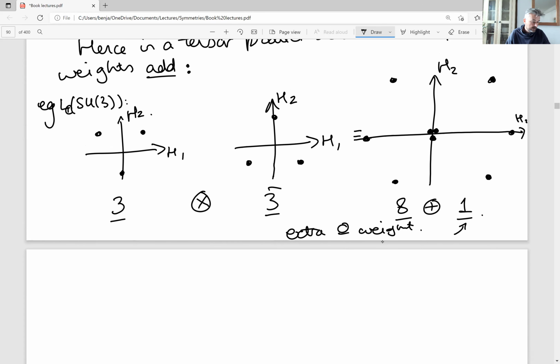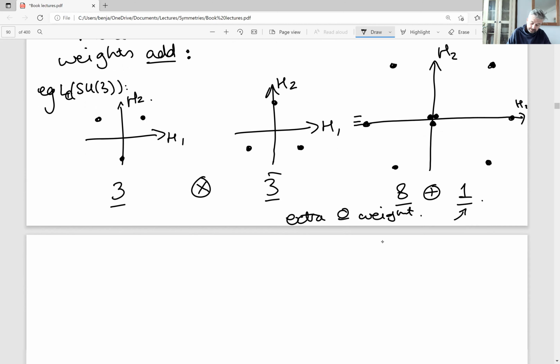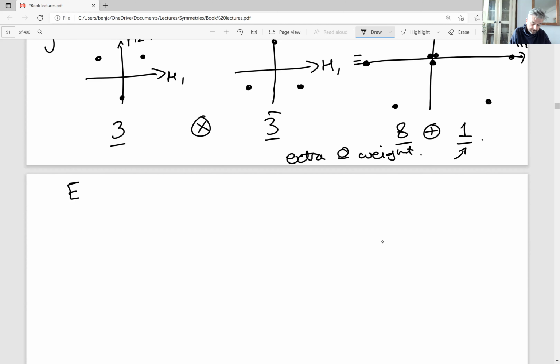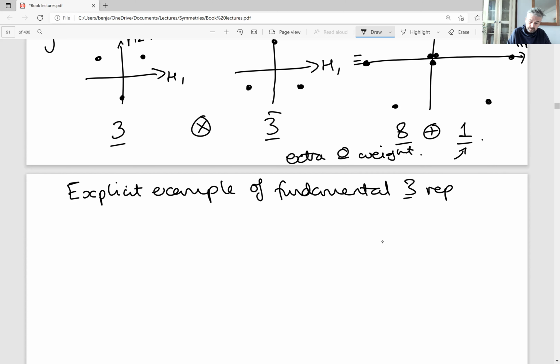All right, good. So let's give you an important explicit example of the fundamental representation of SU3.